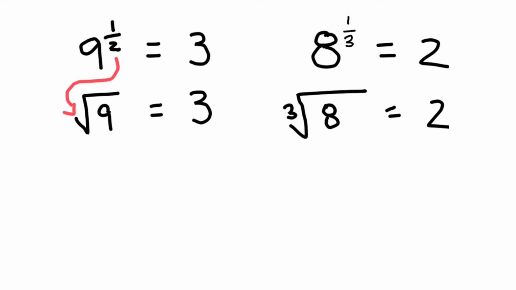So in this case we have an invisible 2, but in this one, 8 to the power of 1/3, the number 3, because it's at the bottom of the fraction for the exponent, is the same as the index in a radical. So what I'm trying to show you is we can write things as radicals, as square roots or cubed roots or fourth roots, but we can also write it as a power that has a fraction as the exponent. So these are interchangeable.